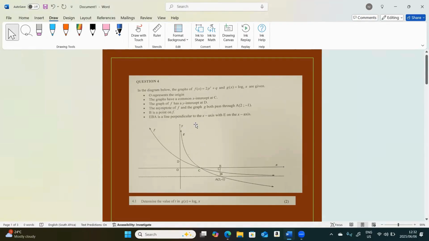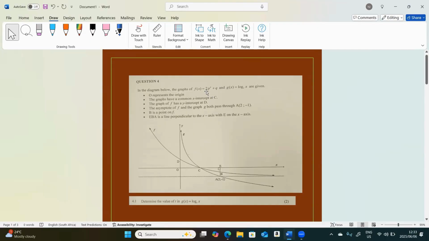That's the first thing you need to establish when you start a question: you have to see what the question is specifically about, to go and highlight your formulas on the formula sheet. We saw in question number 3 that it was also functions and inverses, but that was a parabola and its inverse, a square root function.